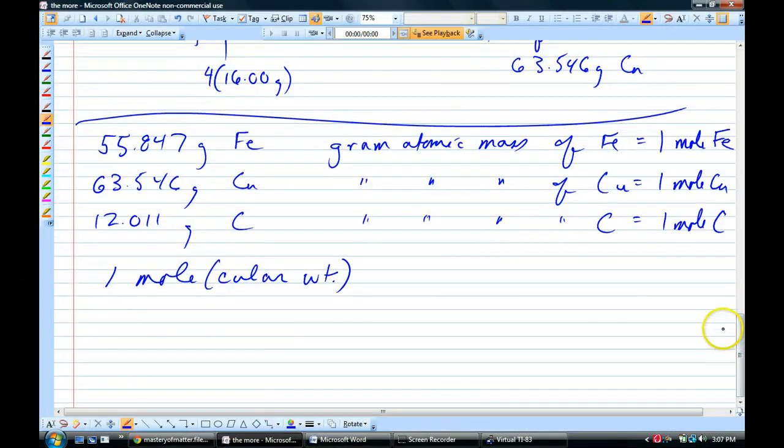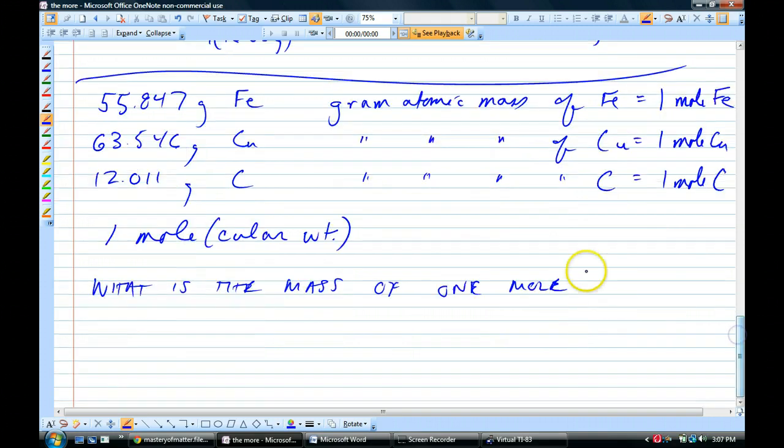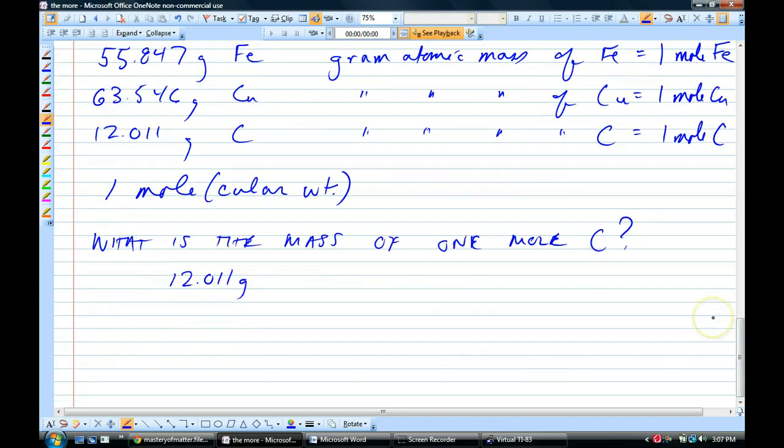We can ask things like this: what is the mass of 1 mole of carbon? And the answer, of course, is 12.011 grams. But we can get a little bit more complicated.